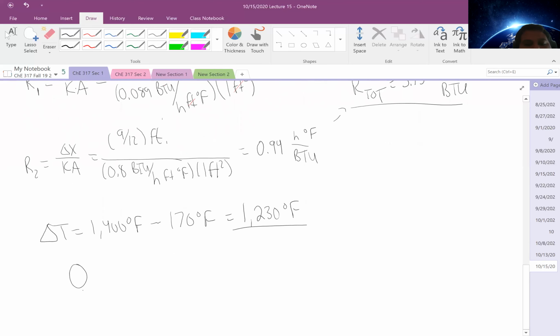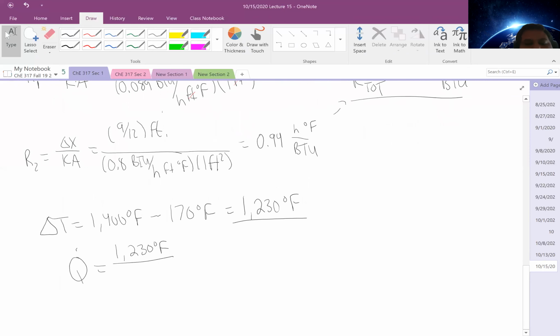And so our heat transfer rate is 1230 degrees Fahrenheit over our total thermal resistance of 5.15 hours degree Fahrenheit per BTU, or approximately 238.8 BTUs per hour.